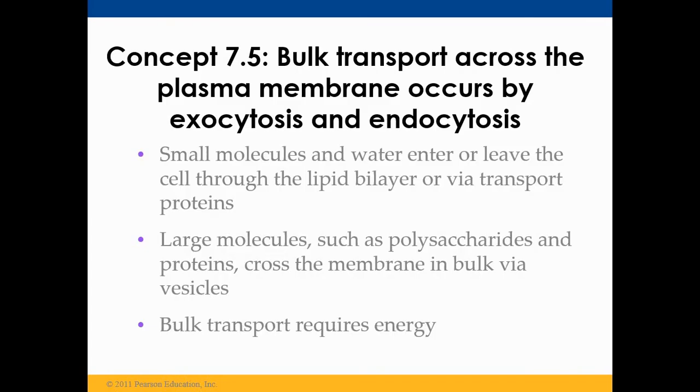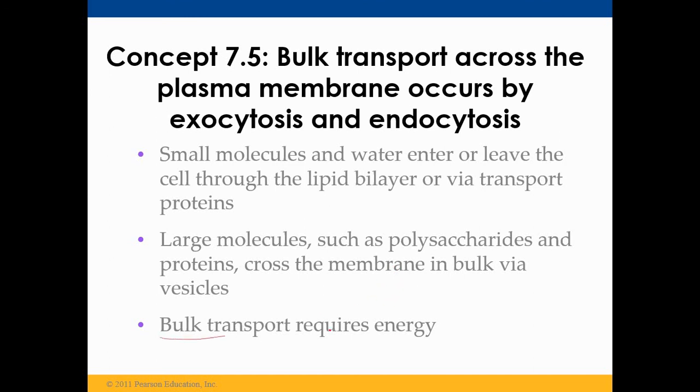Okay? Bulk transport across the plasma membrane occurs by exocytosis and endocytosis. Small molecules and water enter or leave the cell through the lipid bilayer or via transport proteins. Large molecules, however, such as polysaccharides and proteins, cross the membrane in bulk via vesicles.